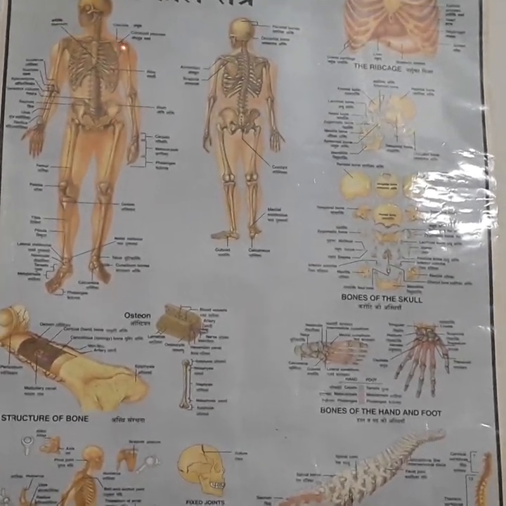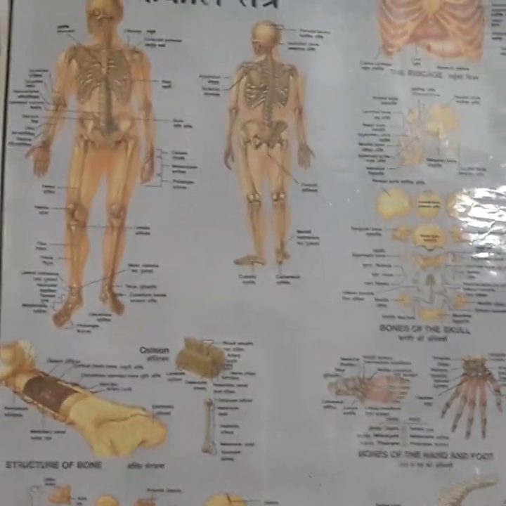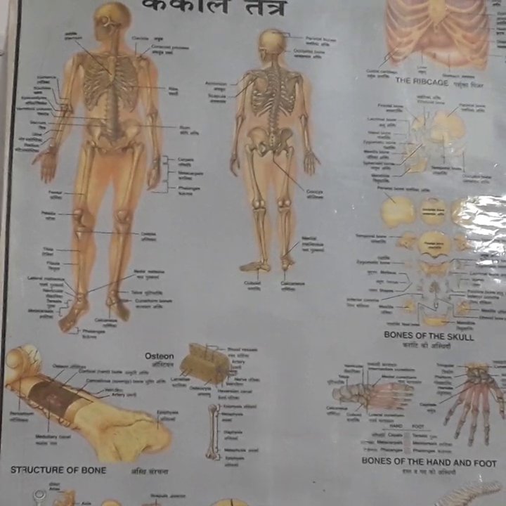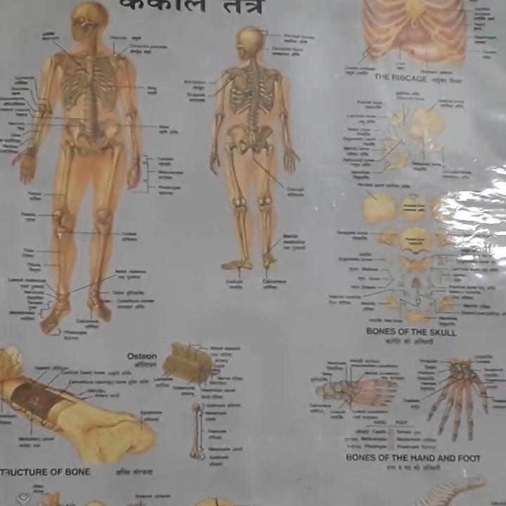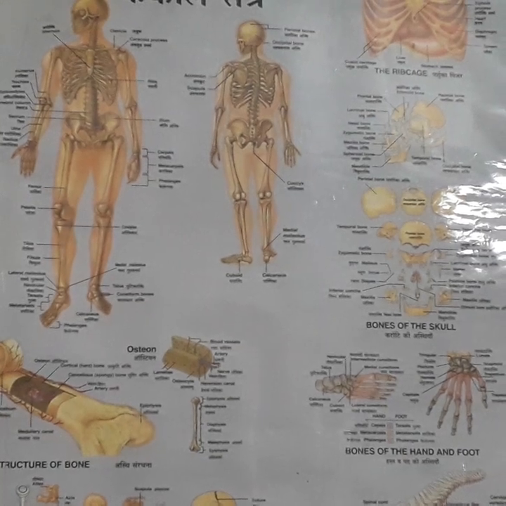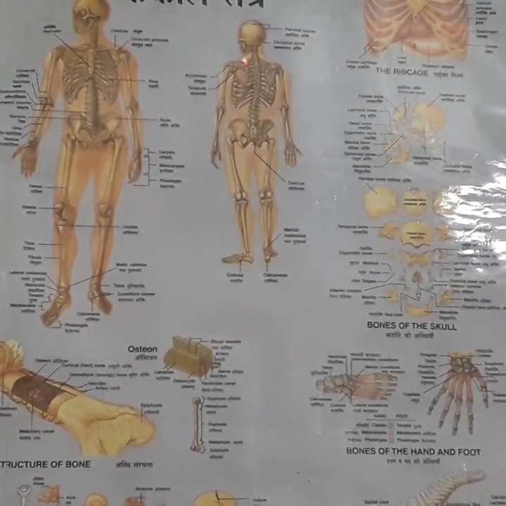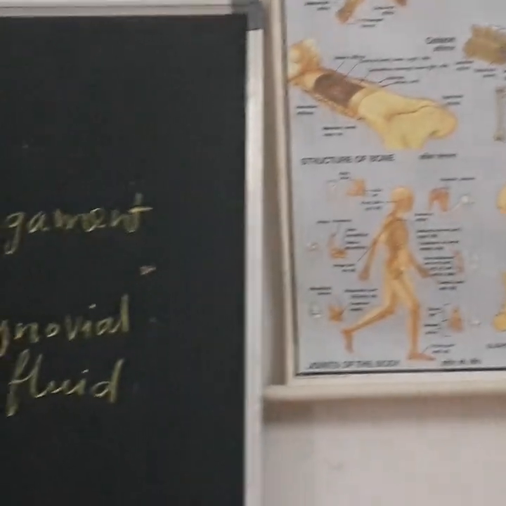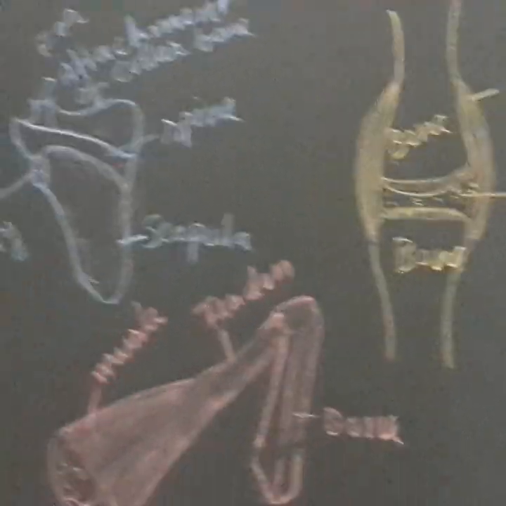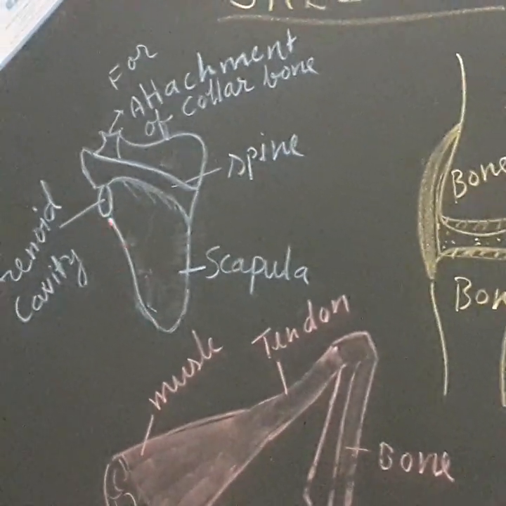This is the shoulder girdle or pectoral girdle, and this is the hip girdle. The shoulder girdle consists of 2 flat triangular scapulae. Here also you can see the scapula is drawn.